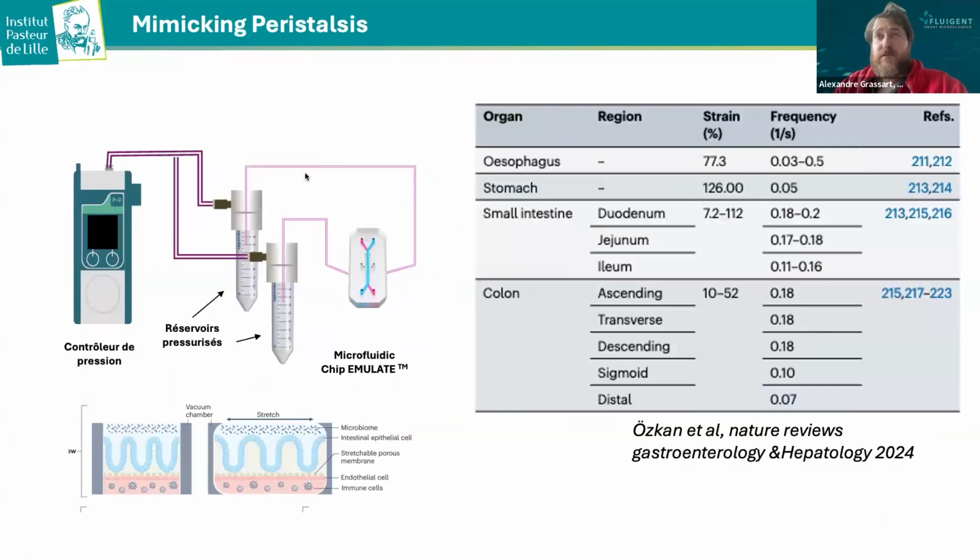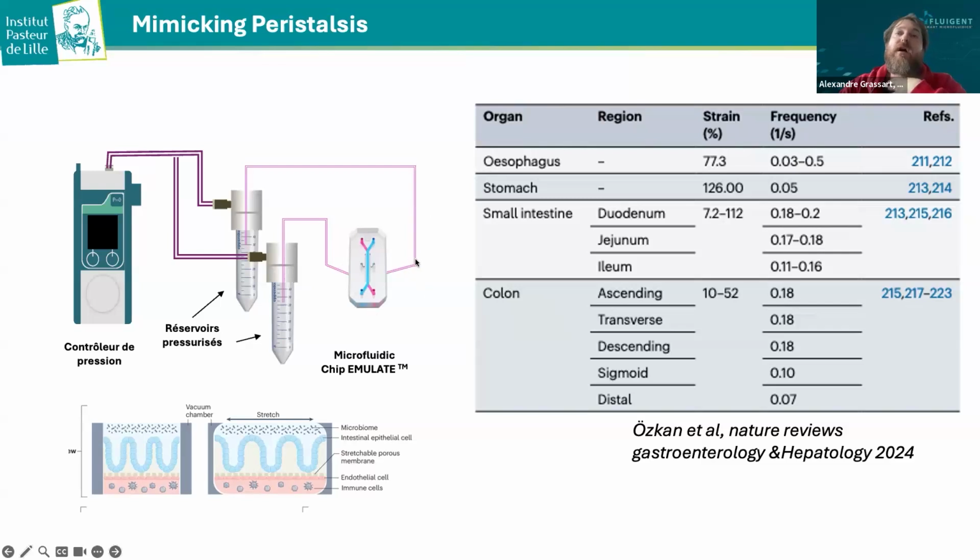And so one of the first mechanical stimuli that is important for the gut physiology is the peristalsis, which is due to the muscle layers that surround this intestinal tissue that will compress or stretch the tissue at certain strain and frequency, and that's what you can read on the table on the right.